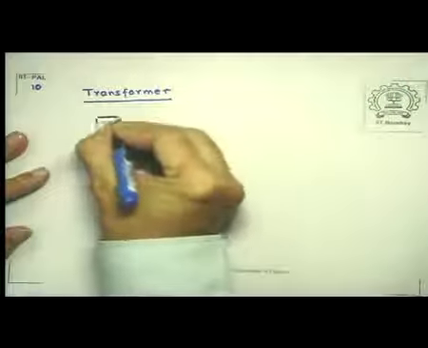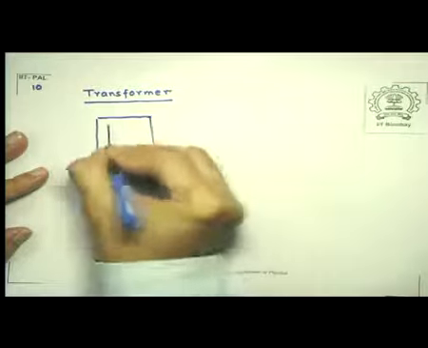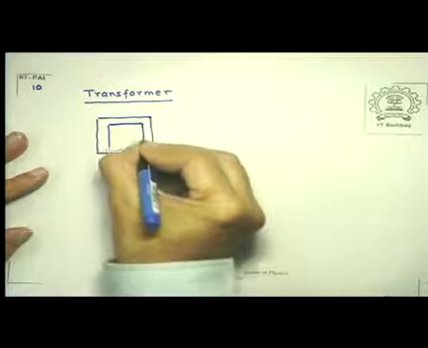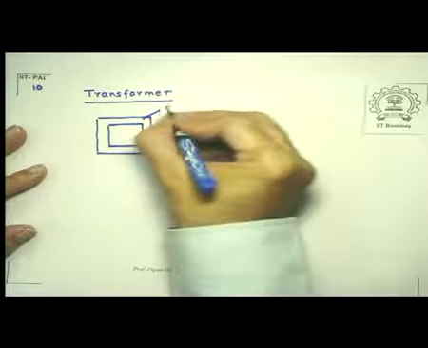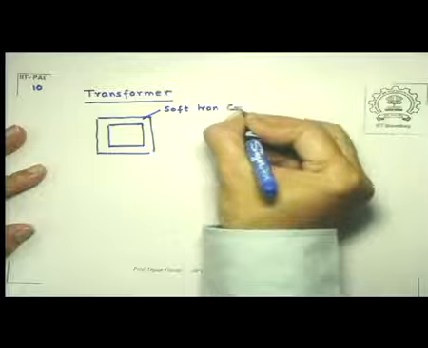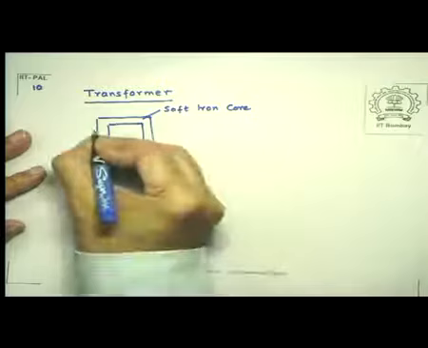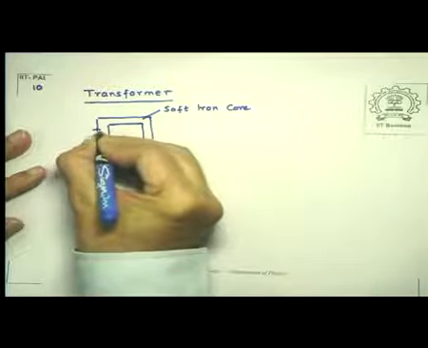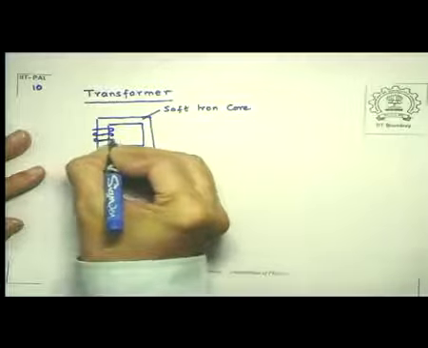So a transformer has two sets of coils. Let me first show it in one type of circuit. This is not necessarily the only type of arrangement that is possible. So this is a soft iron core. Now on one of the arms I have certain turns of wire.